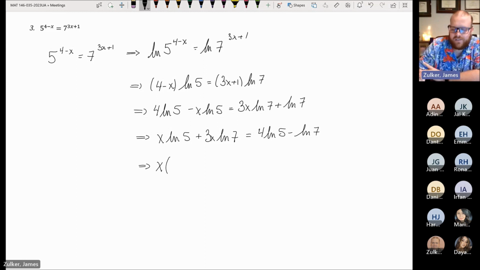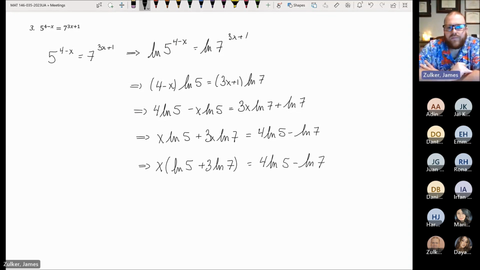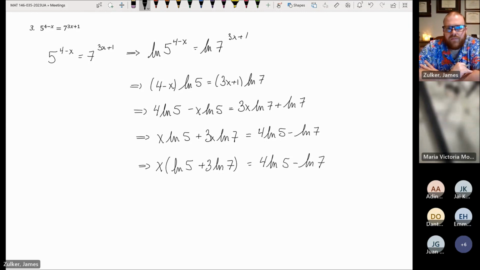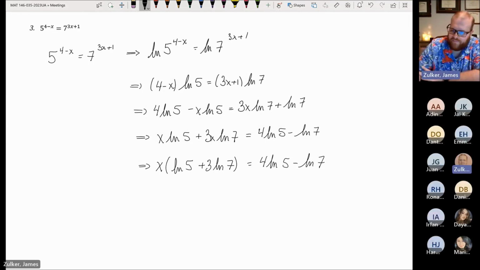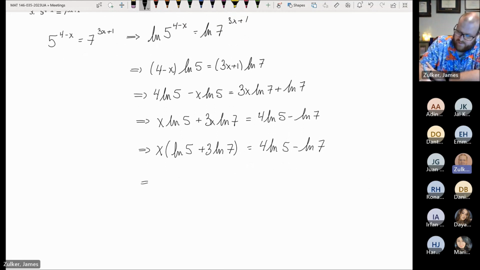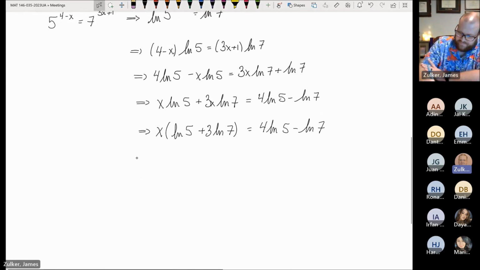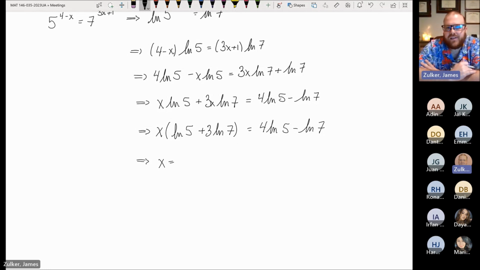Factor out an x. Make that arrow. There we go. All right, and now isolate x by dividing.